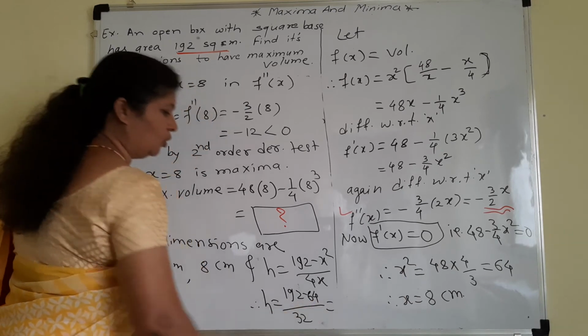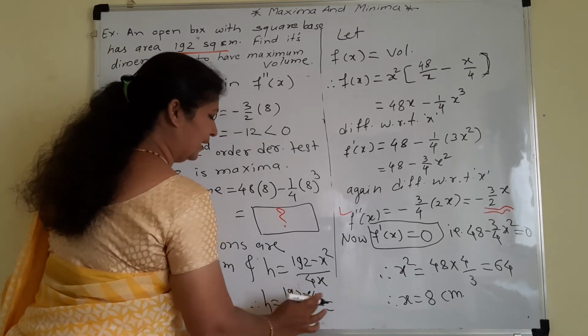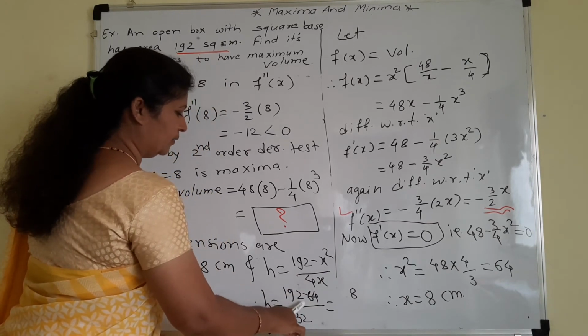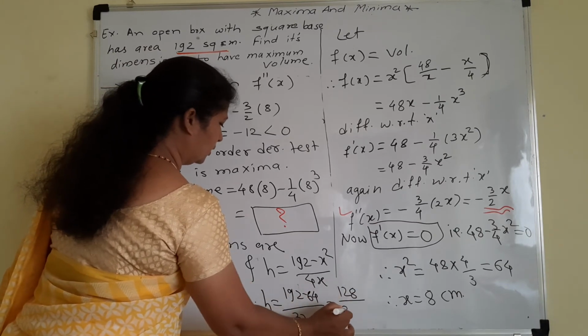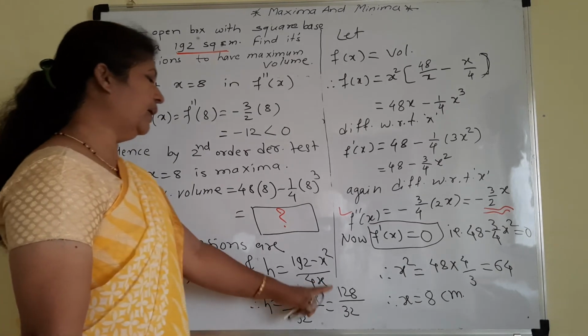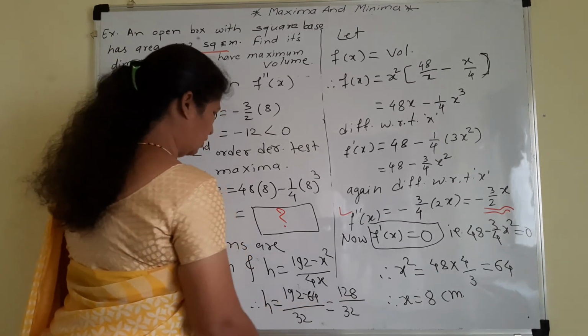So this is equal to the subtraction, 192 minus 64, that is 128, upon 32.